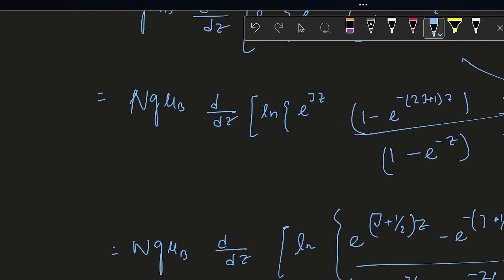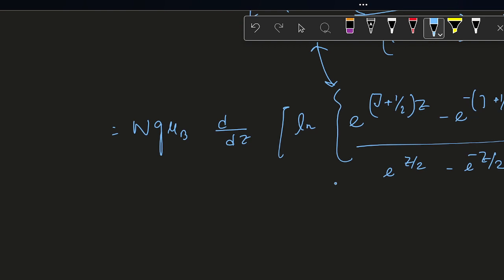This is a very obvious thing, you just have to adjust things a little bit so that you take out one e to the power minus z by 2 as common. So you get this term in the denominator, and similarly you can take out a term in common so that you have terms looking like this. You can work out for yourself that this term and this term are equivalent to each other, just the form has been changed.